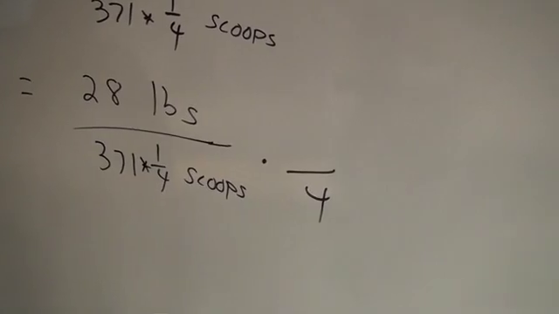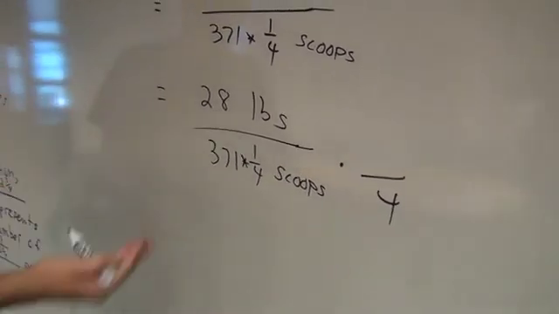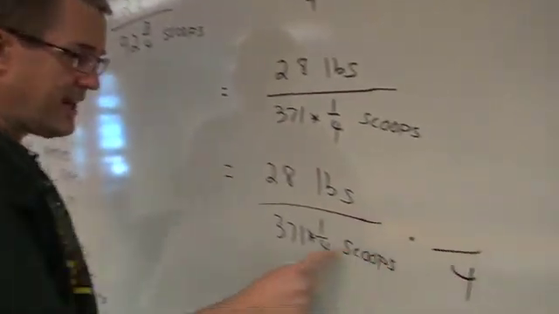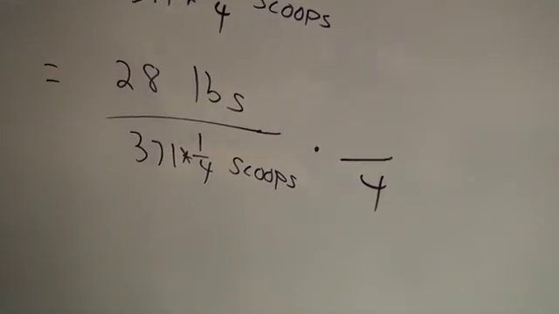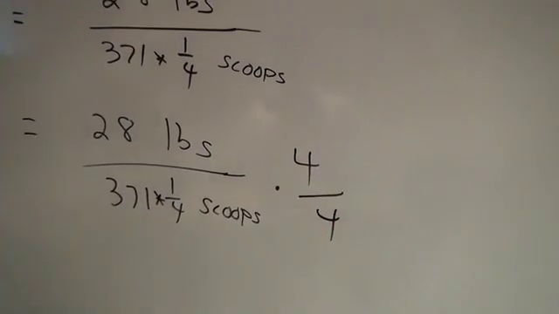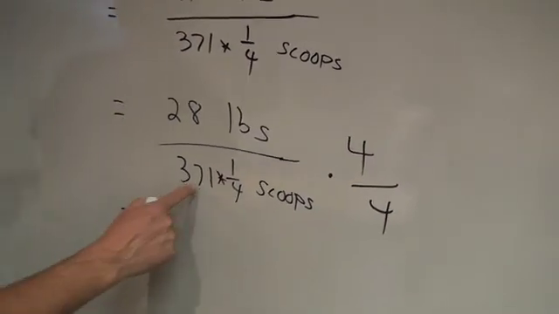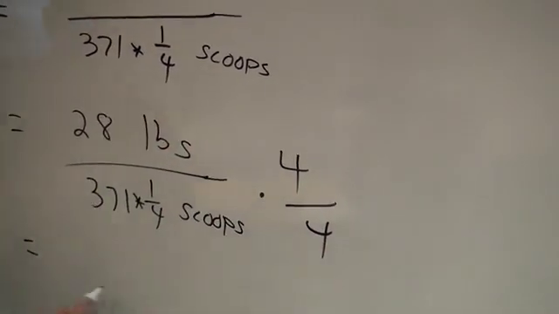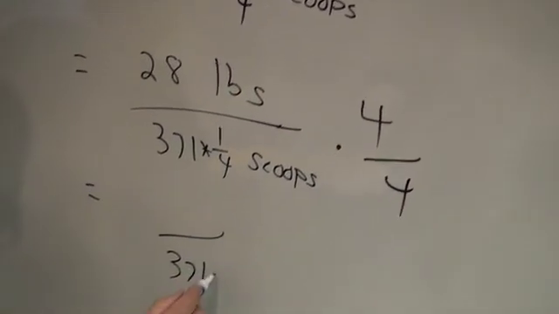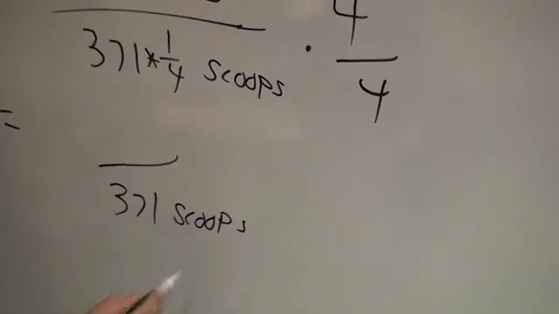Scale it up by a factor of 4. And then to keep things in proportion, if you scale up the number of scoops by a factor of 4, you'd also have to scale up the number of pounds by a factor of 4. So 371 quarter scoops times 4 will bring me up to 371 full scoops.